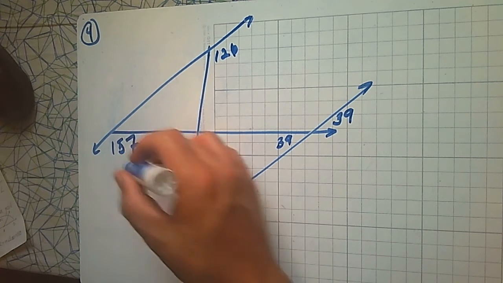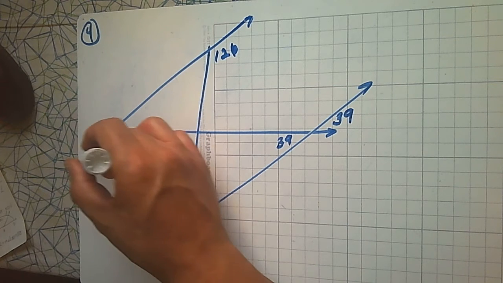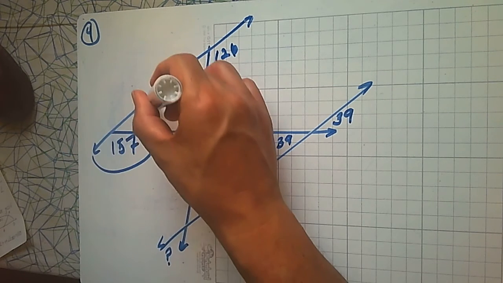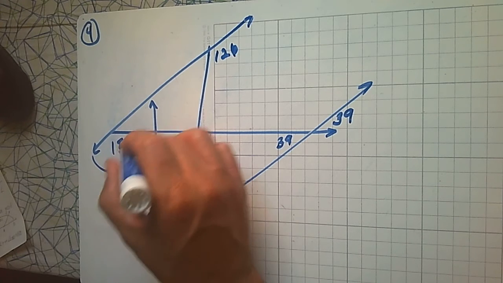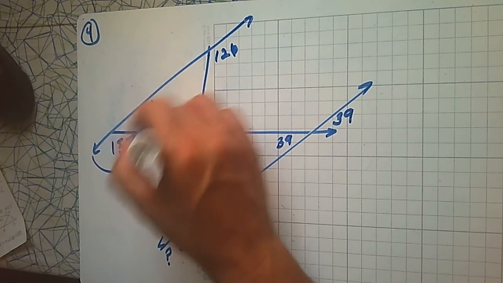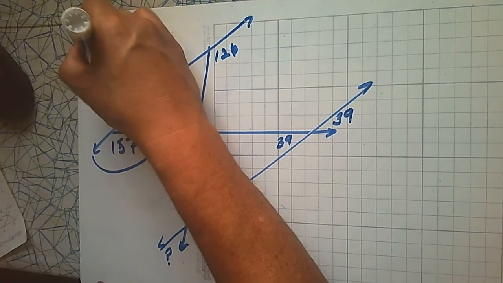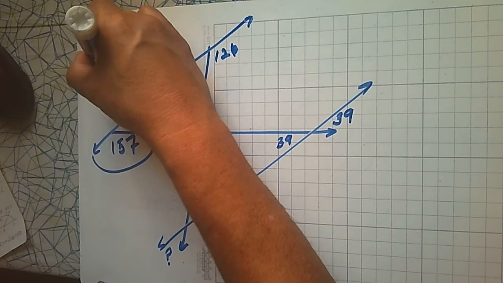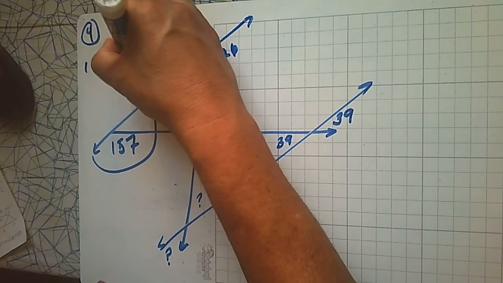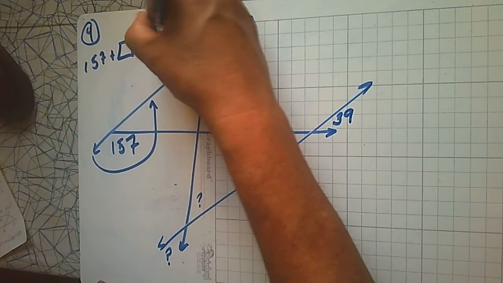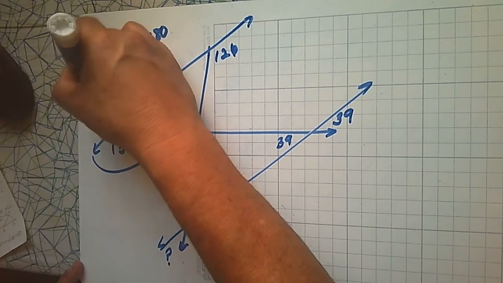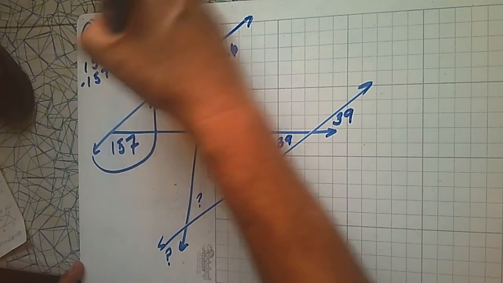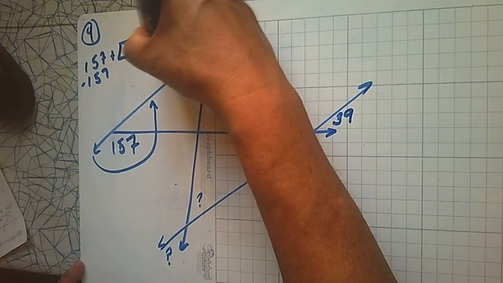If I look at this angle, these are linear angles because they form a straight line. So 157 plus something should equal 180. Get the box by itself. That'll be negative 157, minus 157.